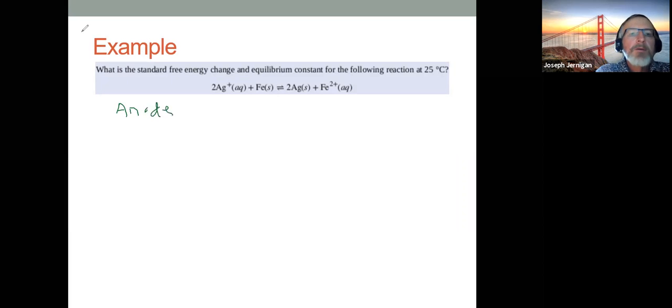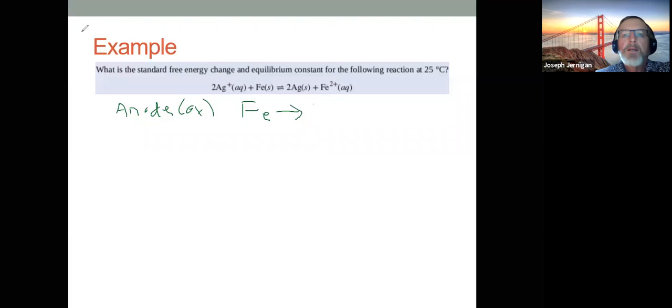So the anode, or the oxidation, you can just refer to that. What's going on here? So Fe goes to Fe2+ plus 2 electrons.